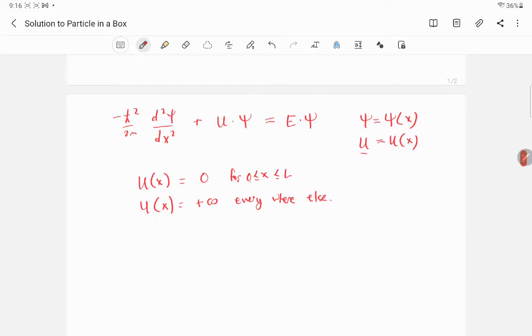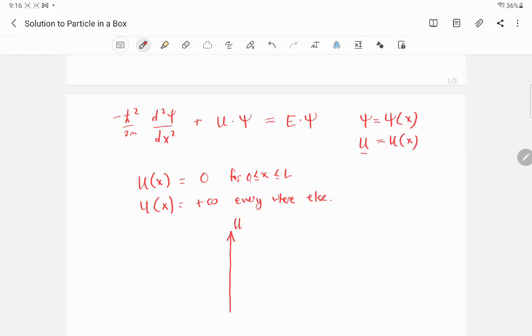Let's do the following thing. I actually forgot to draw you a graph of the potential energy in the previous video. So let's do it now. I'll draw the axes in red.